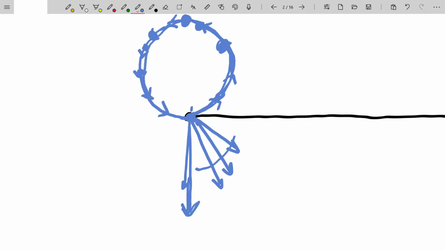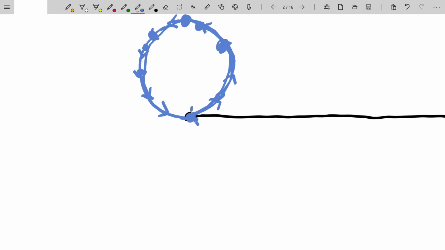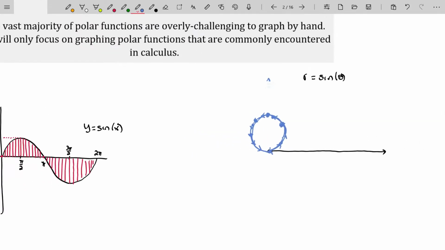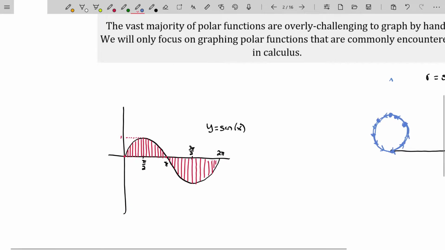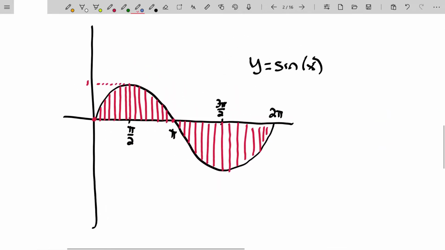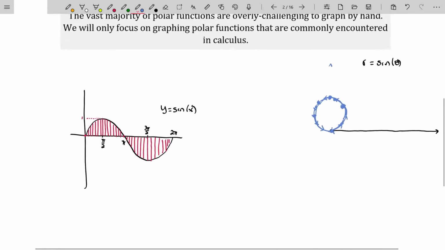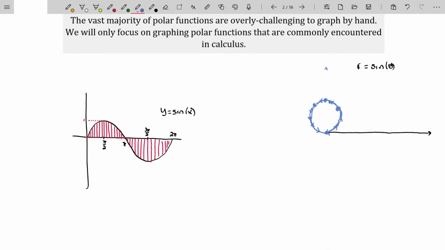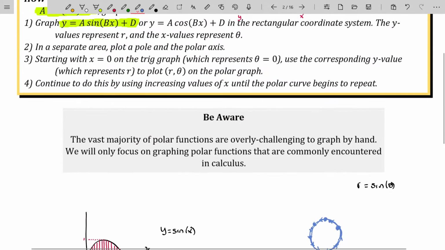That's how I have always graphed polar curves: by graphing in the Cartesian coordinate system first, and then turning to the polar coordinate system and asking, how far am I throwing things in front or behind me as I turn through angles? That's exactly what this description is, but it's not as robust as what I just said.